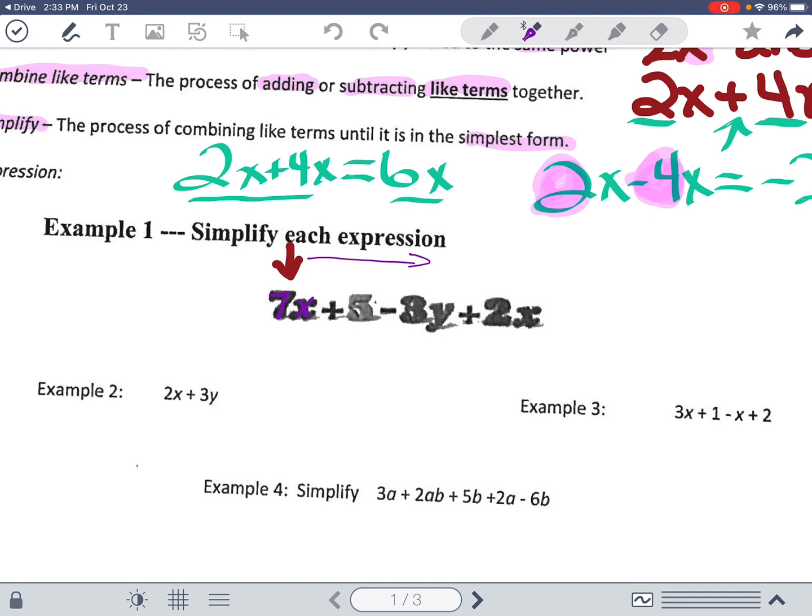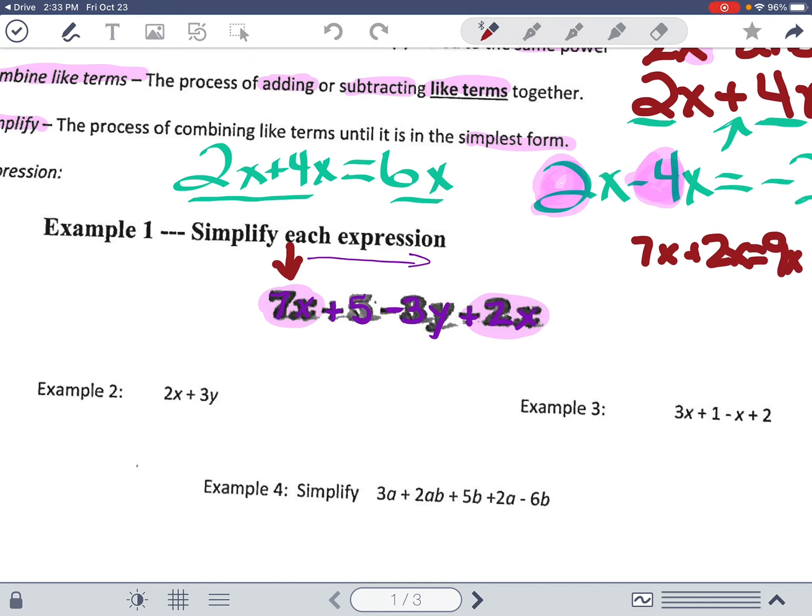Minus 3y, well, that clearly has a y instead of an x. And the last term, plus 2x. Aha! I'm seeing that I can put together 7x plus 2x. And when I put 7x plus 2x together, I can simplify that to equal 9x.